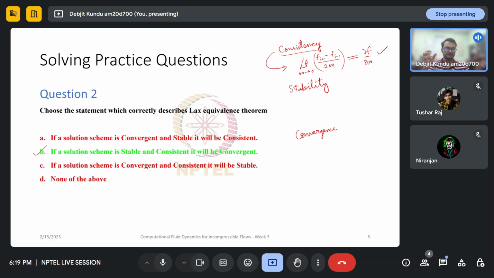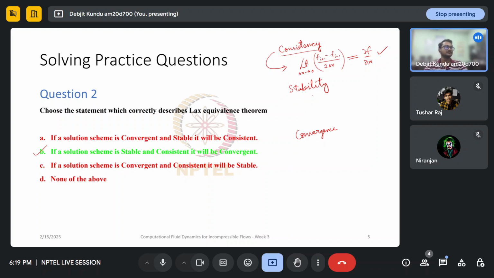We will learn a few of them later on in order to make the whole thing stable. But the drawback there is that it might become inconsistent. Even if we put the limits that delta x, delta t go to 0, the whole equation would then not go back to the original partial differential equation. So this is one important criteria of consistency.